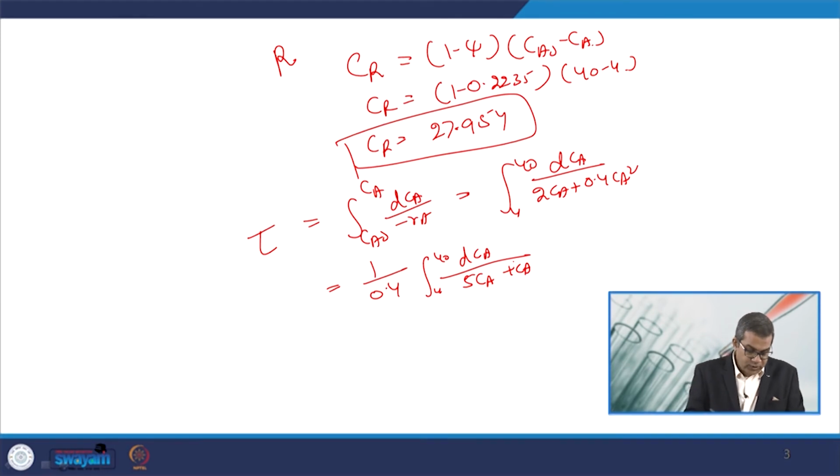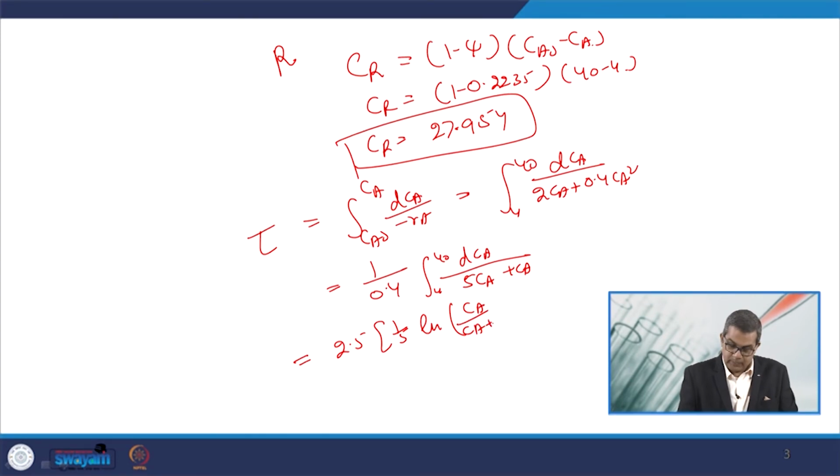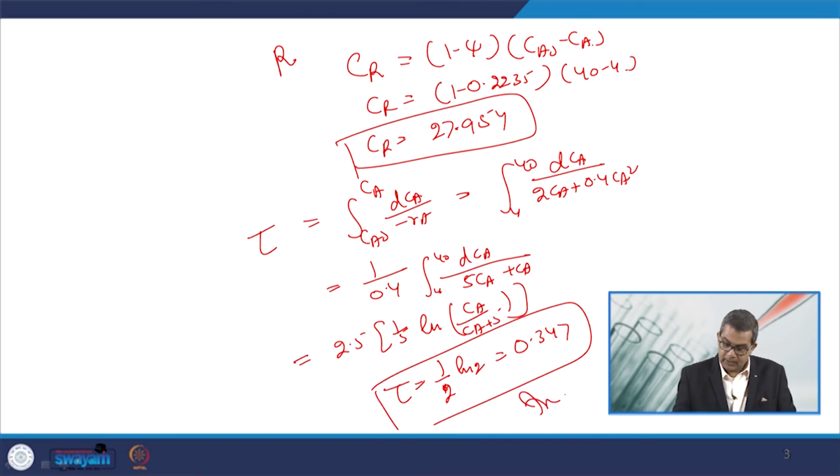Now if we substitute all the values, it comes out to be 2.5 into 1 upon 5 ln(Ca upon (Ca plus 5)), and tau is equal to half ln 2. This is 0.347. This is my answer.